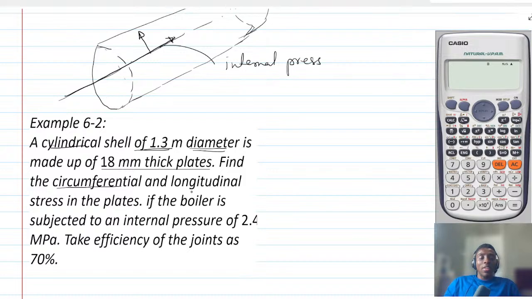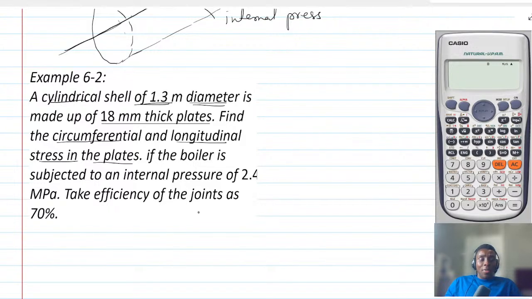Find the circumferential and the longitudinal stress. As a matter of fact, questions like this are very simple.